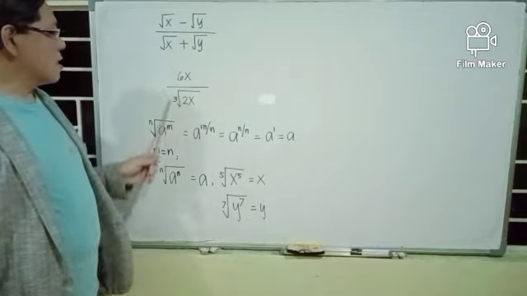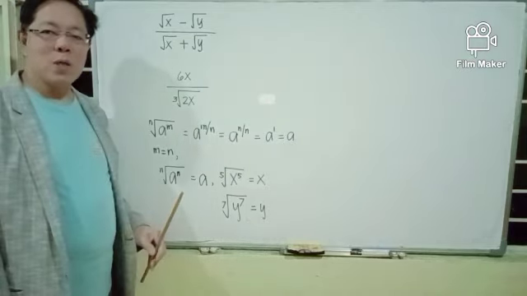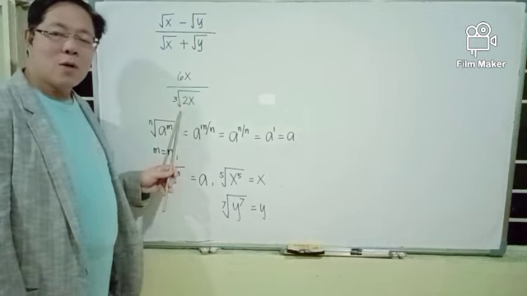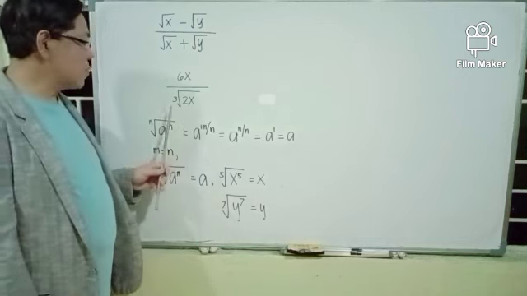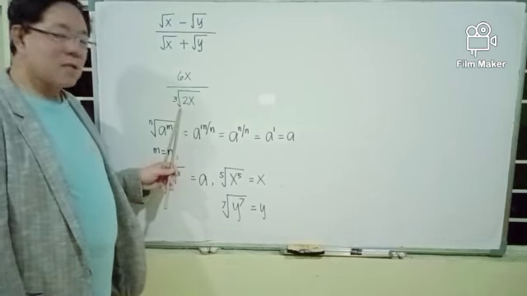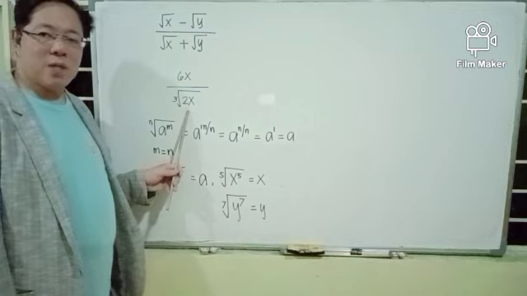We take this as our first example. We want to rationalize the denominator, or we want to remove the cube root from the radical sign, the cube root from the denominator.